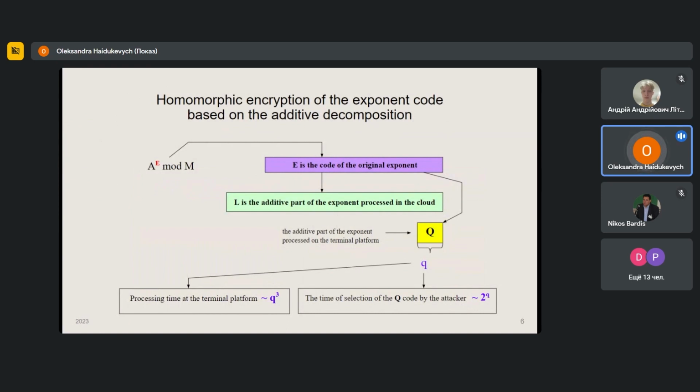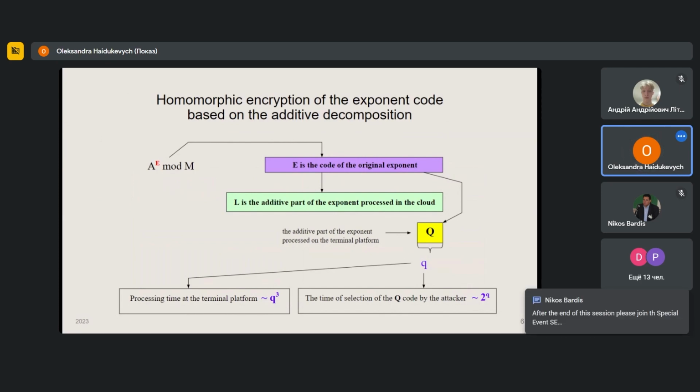To address this challenge, various techniques for homomorphic encryption of the exponent code sent to the cloud have been proposed. These techniques generally involve breaking down the exponent code into two components, typically an additive and a multiplicative one, with one component processed in the cloud and the other on the terminal microcontroller.